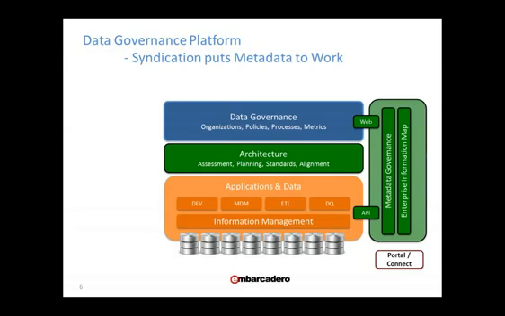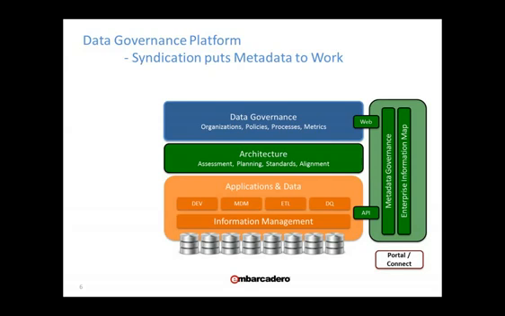So the portal contains two important layers, the metadata governance layer and the enterprise information map. These two layers combined allow metadata syndication, which puts metadata to work and adds the metadata and the governance awareness to workflows across the Embarcadero product portfolio and the implementation lifecycle.